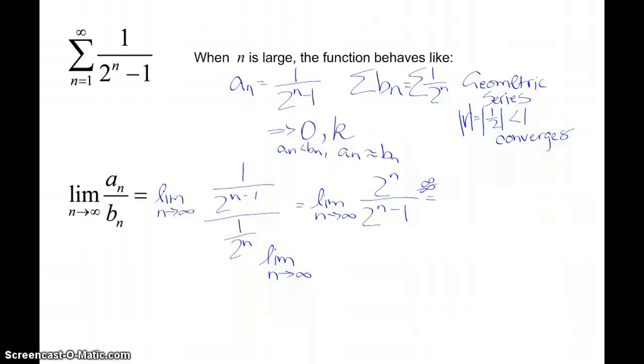The derivative is the natural log of the base times the exponent. In the bottom, I get the natural log of the base times the exponent. The derivative of minus 1 is 0. This is 1. I have the same thing going on in the numerator that I do in the denominator. That is a super helpful result.